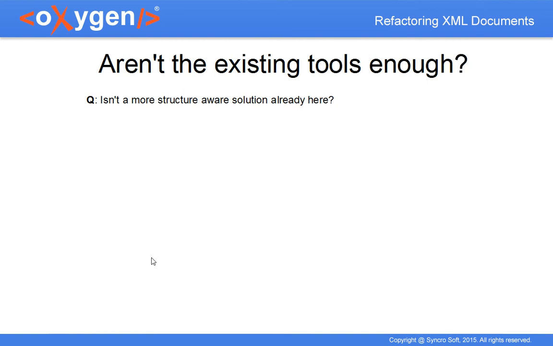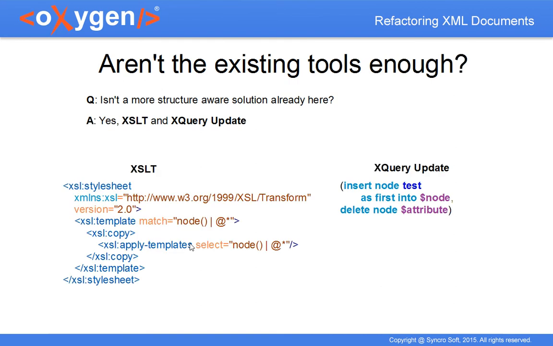And that brings us to the next question. Isn't there an already existing solution specifically designed for processing XML documents? Well, yes, there is. We have XSLT and XQuery, especially update. But although they provide great power, there is still a learning curve that not everybody is willing to take.